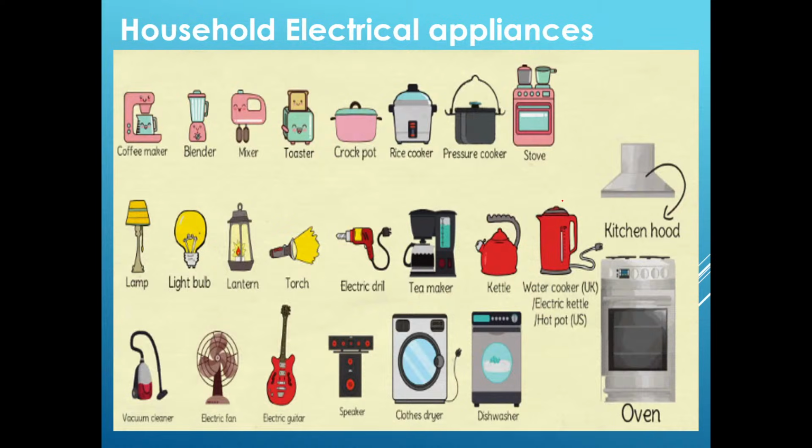The energy consumed by these household appliances will not be the same. Each household appliance will have its own power rating, and that power rating will be mentioned in a small slip on the household appliance when we purchase it.